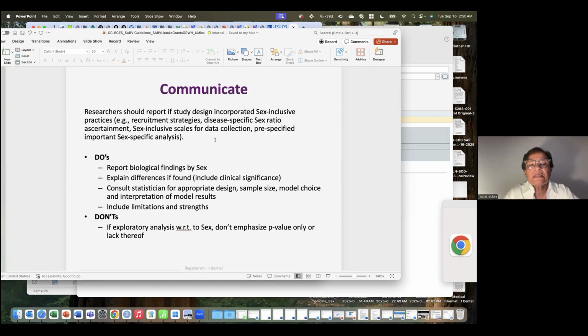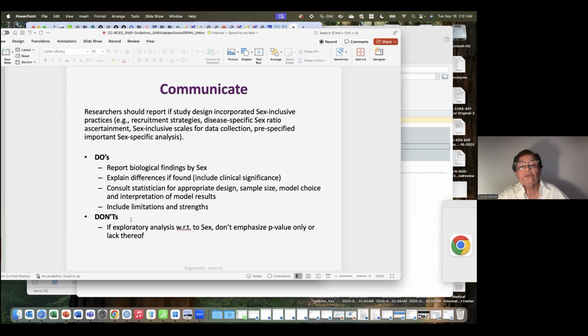Communication is that researchers should report if study design incorporated sex-inclusive practices, like we went through, and the do's are: do report a biological finding by sex, explain differences you found, especially clinically, not on a p-value basis, consult a statistician for appropriate design, sample size, and include limitations and strengths in your paper.